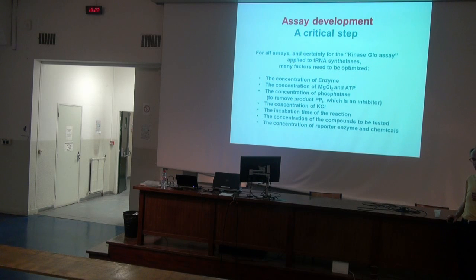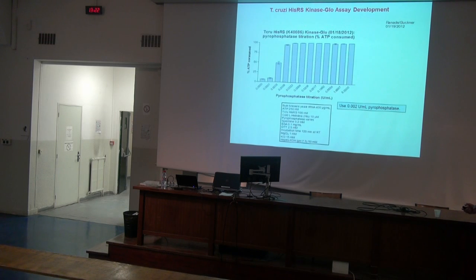In assay development, as a protein crystallographer, I never realized how incredibly precise that has to be. In an assay, many of these concentrations are critically important. Here, for instance, is a pyrophosphatase, which removes the product pyrophosphate.